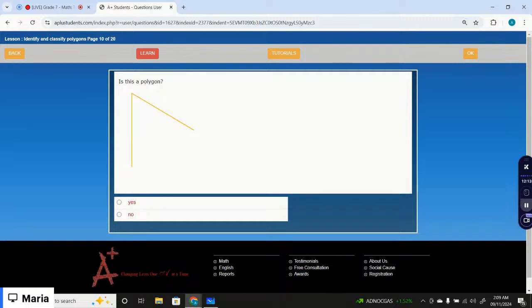The correct option is no, this is not a polygon. Okay, you can complete the lesson by yourself later today. Let me just move on to the next lesson, right?